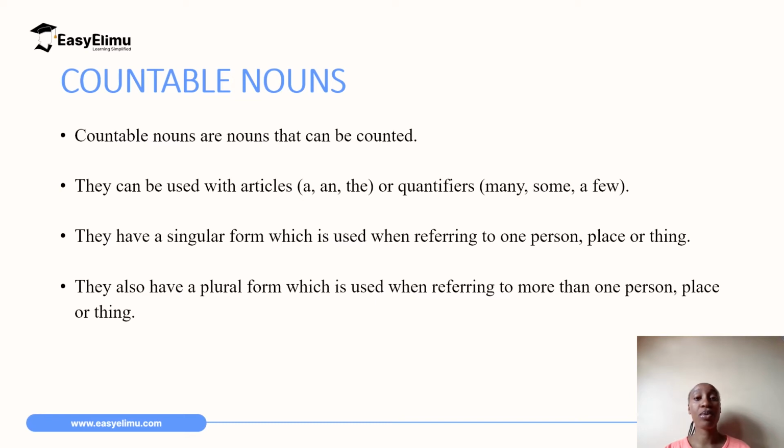So, for example, you can say a house, a cow. You can say 3 houses, many houses, because you can count houses. House is a countable noun, and so they do have a singular form and also a plural form.